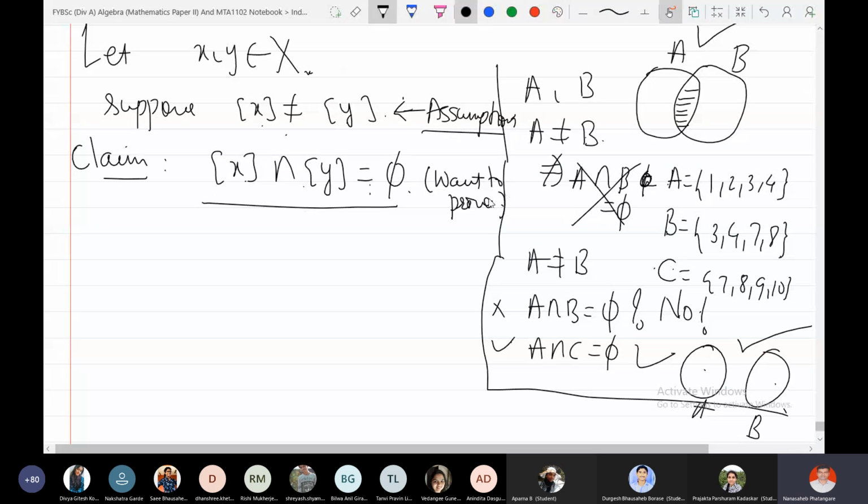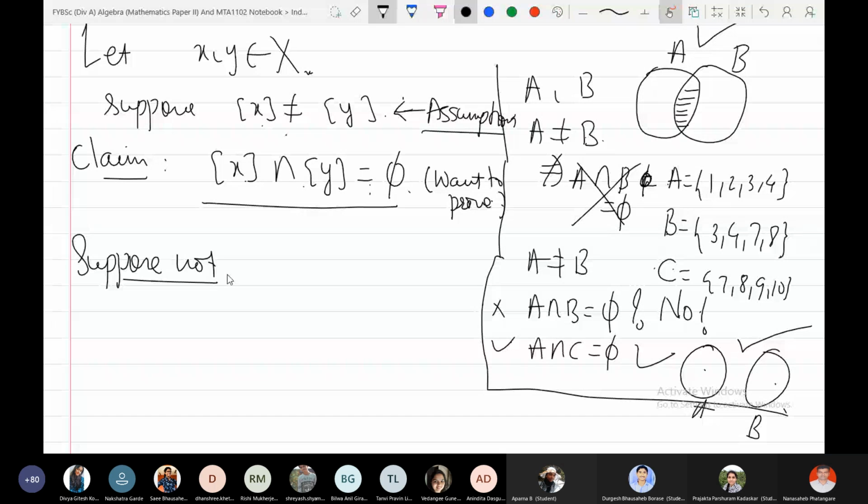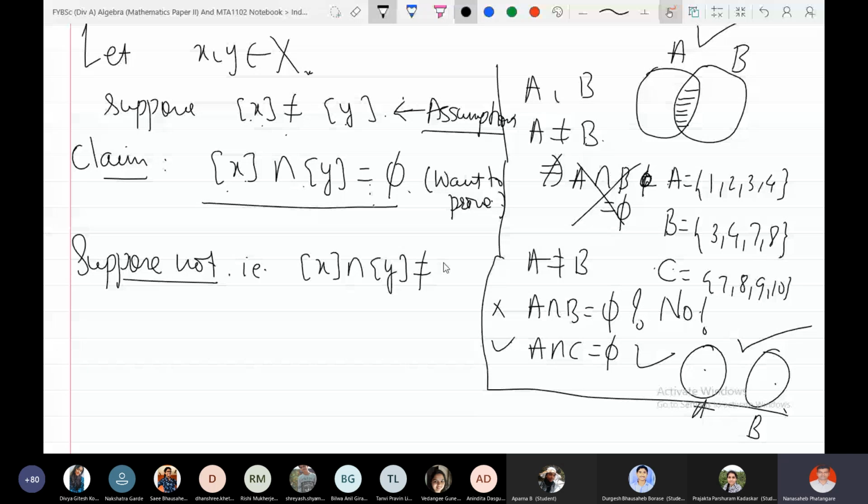Right, suppose not. Suppose not means what? Our assumption is two classes are not equal, and our claim is they are disjoint, their intersection is empty. Suppose the intersection is not empty, that is, the intersection of the classes of x and y is non-empty, under the assumption classes are unequal.